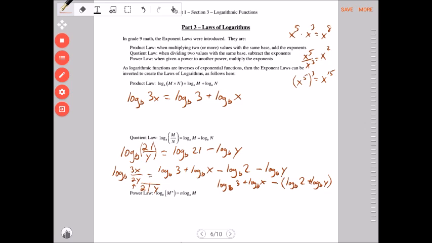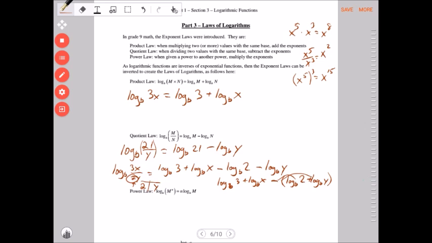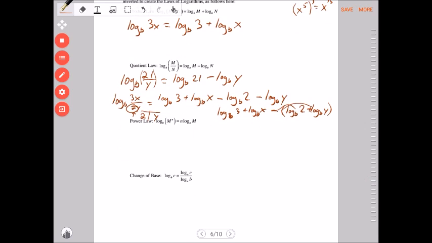The reason I would do that is because the 2y is on the bottom. They're both being subtracted, but the 2 is multiplying the y, so we could add them. But if you look, the negative will distribute to both pieces, giving you the negative log base b of 2 and the negative log base b of y. Clear as mud, right? Don't worry, we'll practice these. It won't be a problem.